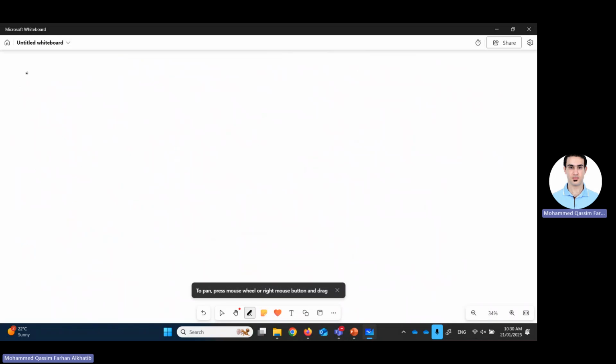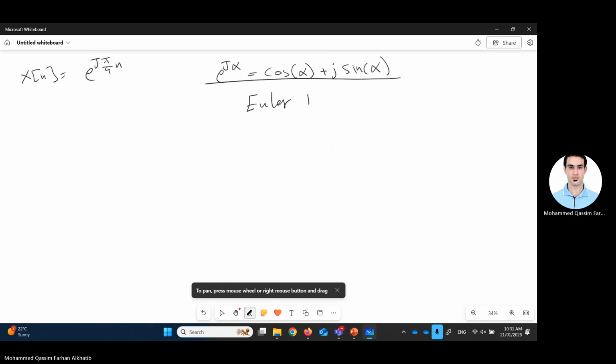So the question was x of n equals e to the power j pi over 4 n, right? So e to the power j alpha in general is cosine alpha plus j sine alpha. This is Euler's identity.